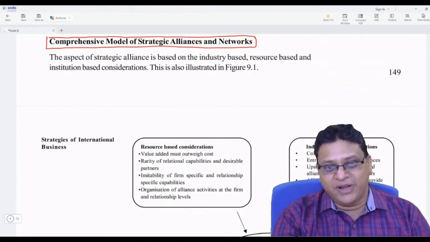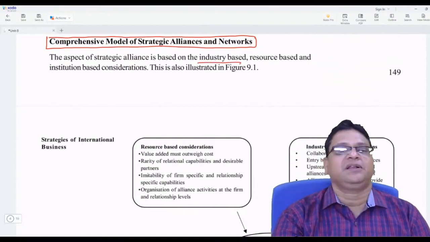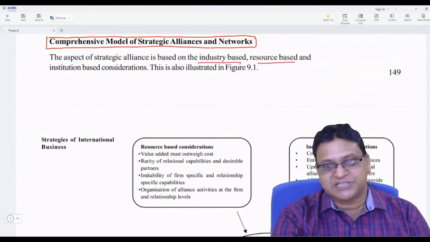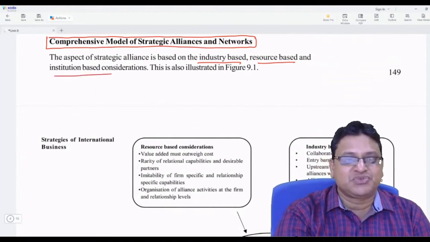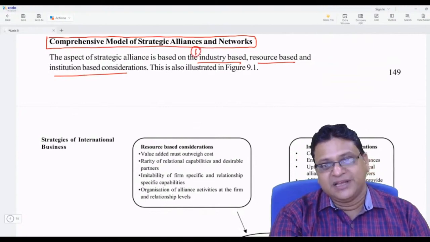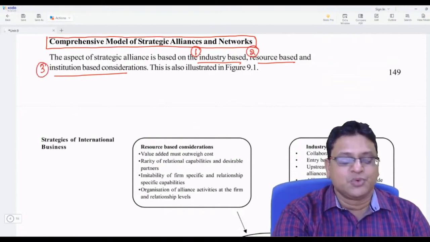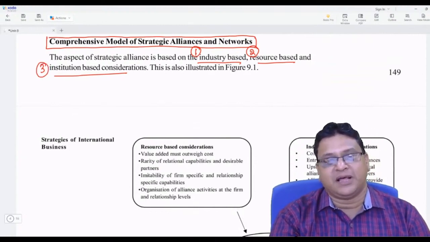The comprehensive model of strategic alliance may be industry-based model, resources-based model, or institution-based consideration. So, industry-based model, resources-based model, and institution-based model. We will discuss them one after another.